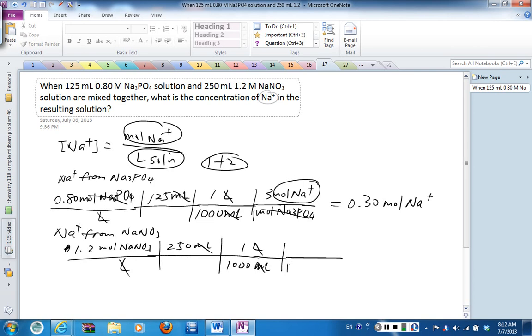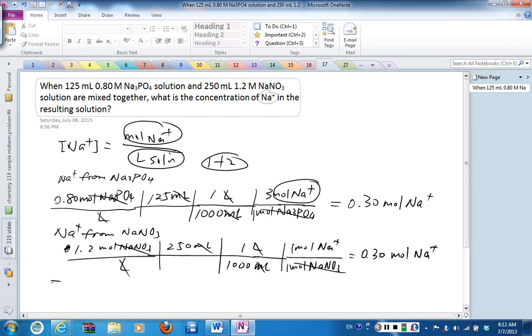And this one is a little bit easier. 1 mole of sodium nitrate only provides 1 mole of sodium ion. So when everything else cancels, we would have also 0.30 mole of sodium ion from the second solution.